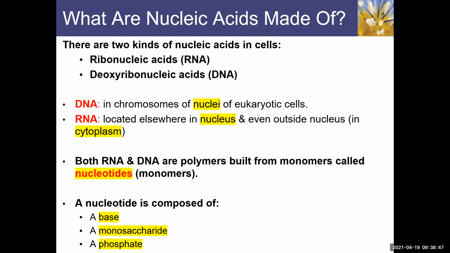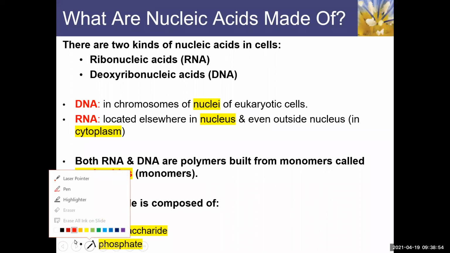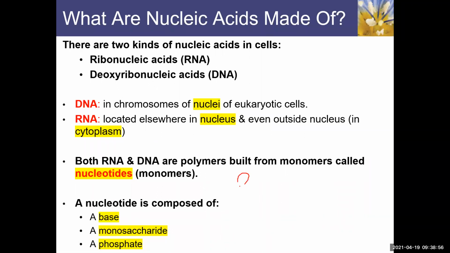And the base pairing in DNA: guanine with cytosine, and adenine with thymine, the Chargaff's rule. So what did Chargaff say? The base pairing rule. He said that the amount of adenine is equal to the amount of thymine. The amount of guanine is equal to the amount of cytosine. That's what he said.